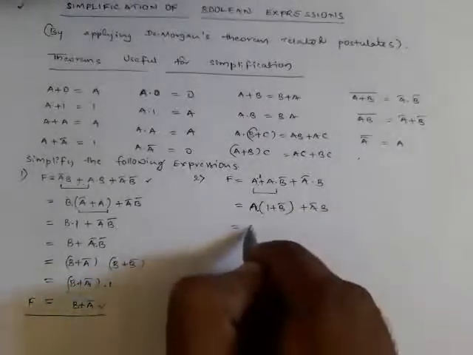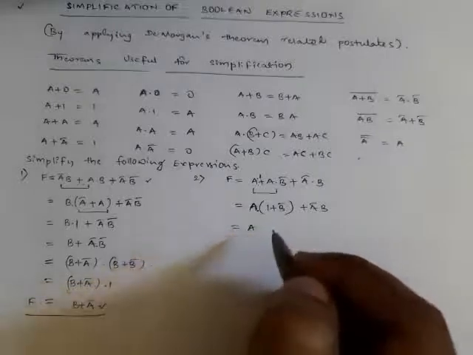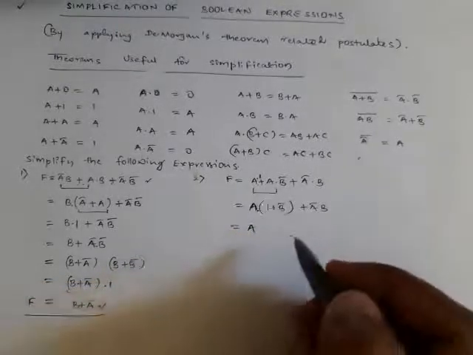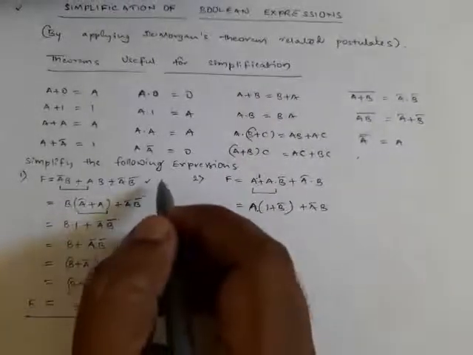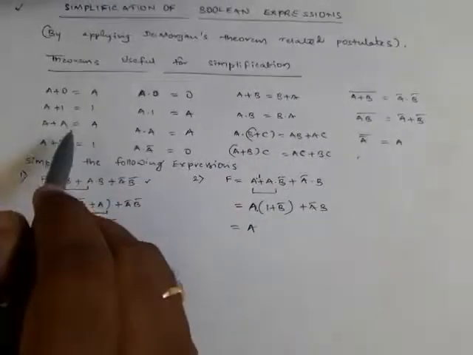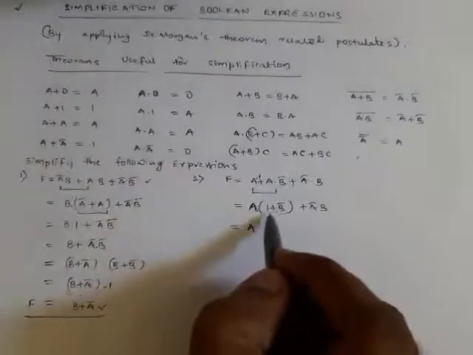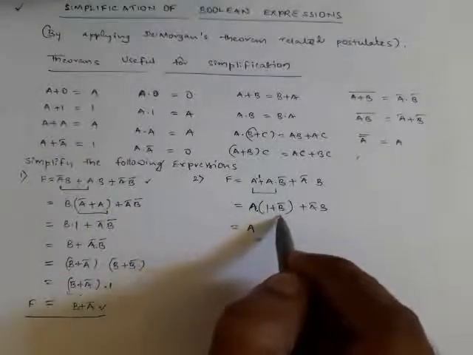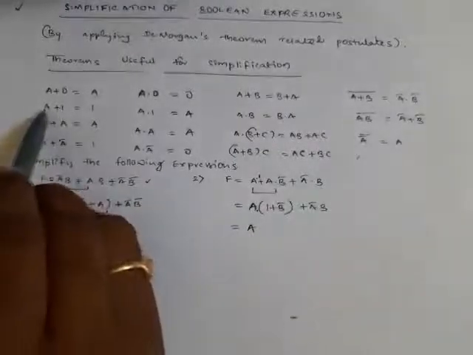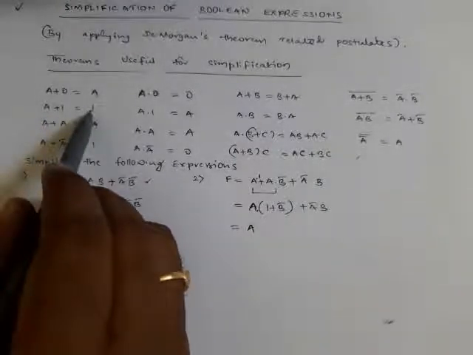And here we'll use the above theorems. Here you can see that OR operation is performed between the variable and 1. So OR operation performed between a variable and 1 is equal to 1 itself.